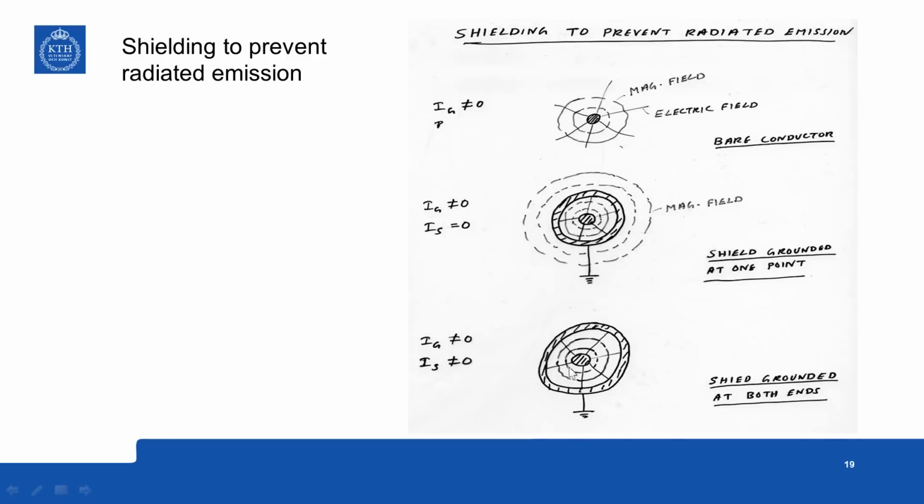Now if the shield is connected at both ends, it will drive a current through the shield, so the shield current is not 0 anymore, which will confine all the magnetic field to the inside of the cable. So when the shield is grounded at both ends, it will prevent radiated emission.